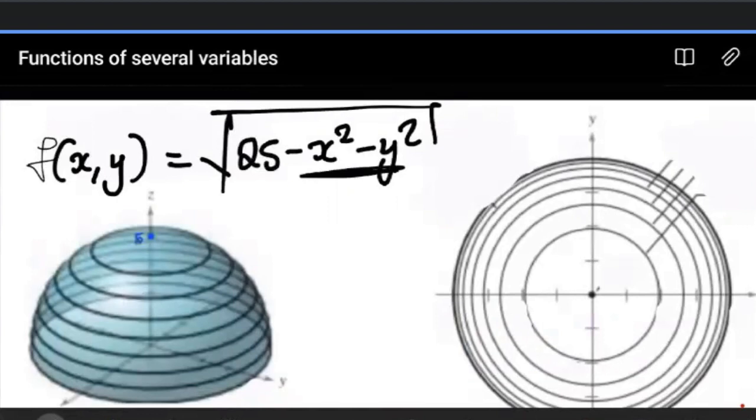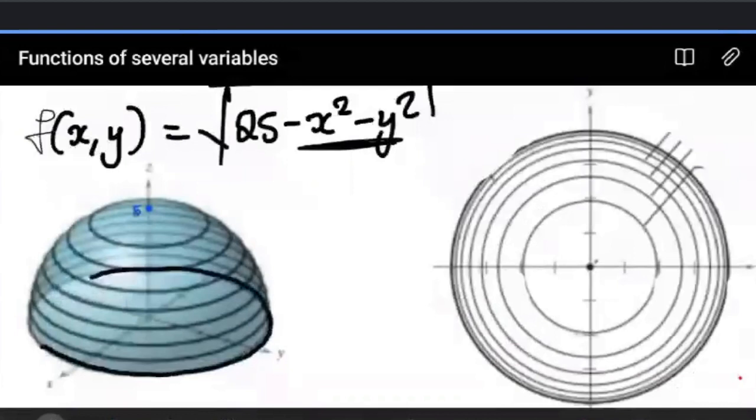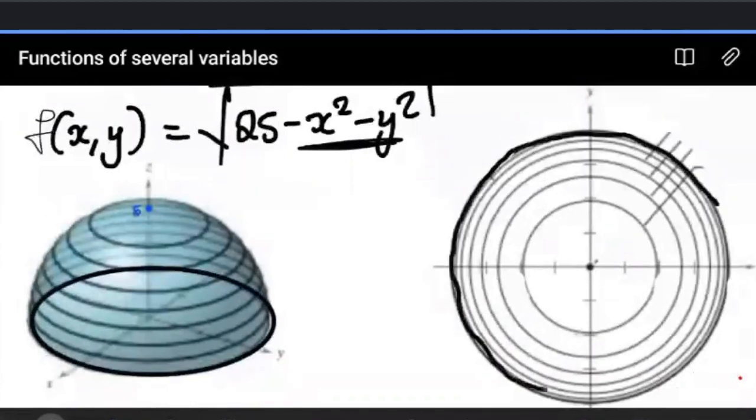We notice that we will be dealing with a circle which is basically in the xy plane, which is this circle down there. So that is the circle that we'll be dealing with. Now notice that this is a circle of maximum radius, which is this one described this side. When we view the same semisphere or half sphere from the top, that is the circle that we'll be seeing there.